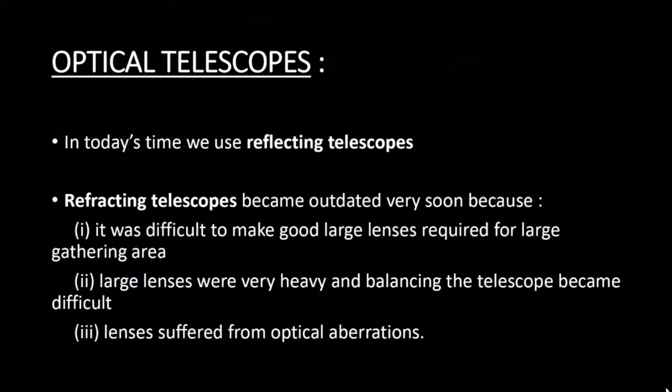The refracting telescopes, which were used in the olden days, became outdated very soon because of the three factors which I've listed here. The first is that it was difficult to make good large lenses required for a large light gathering area. Second is that large lenses were very heavy and balancing the telescope became very difficult, so they were not able to mount it. The third one is that the lenses suffered from optical aberrations, so the errors in the telescope were visible. Next slide.